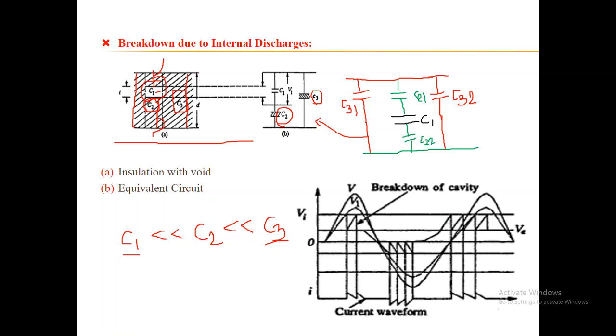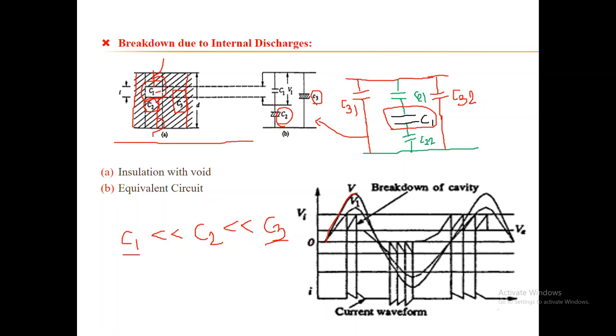Okay, so normally when we apply the voltage and look at the screen of the CRO, one can observe this kind of wave shape. Here V represents the alternating voltage. As the voltage is increased to its maximum value, the voltage across the capacitor C1 is also increasing.